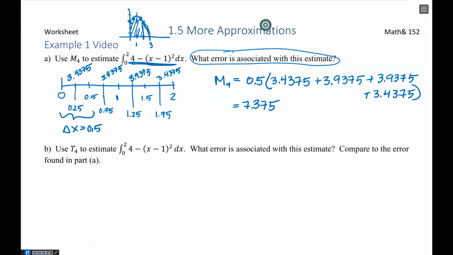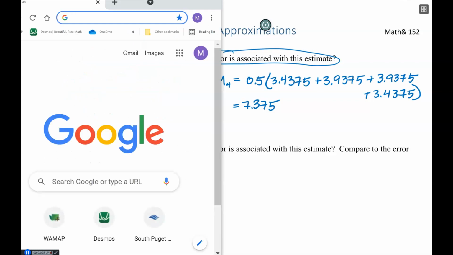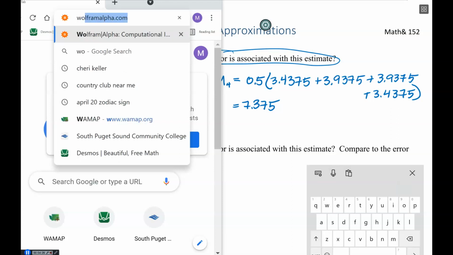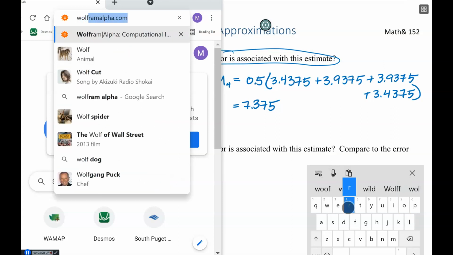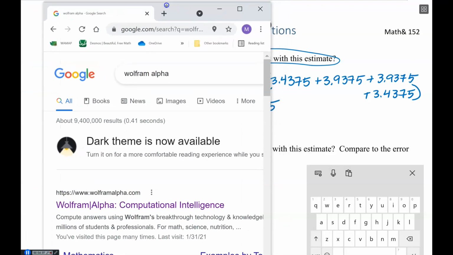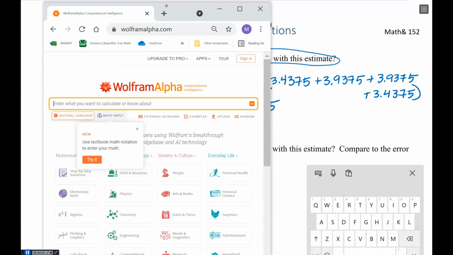So if we go in and we say, I want to check out, maybe, there we go. Wolfram Alpha. And I want to, hold on, let me type just a little bit.